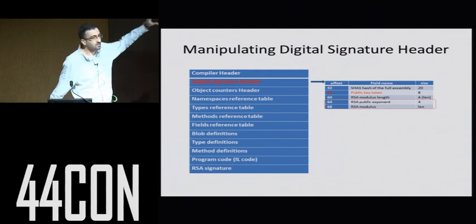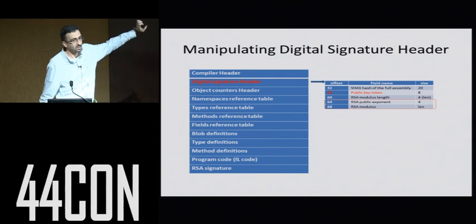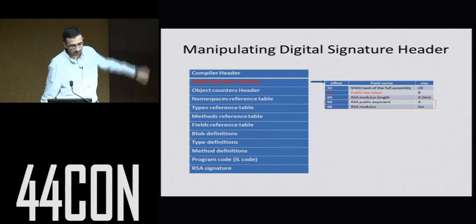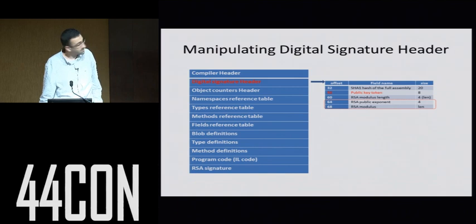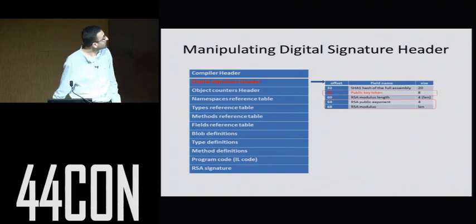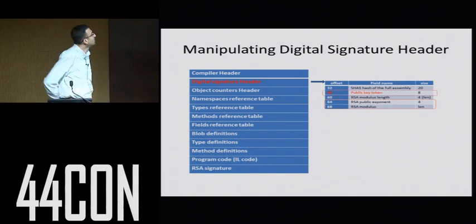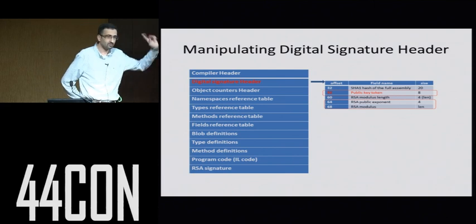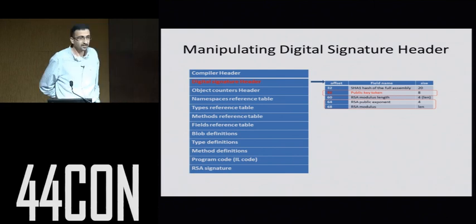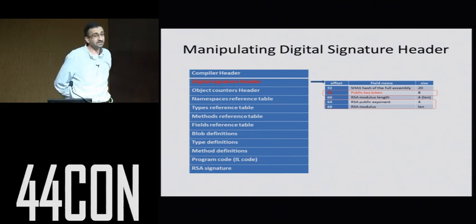So it defines the public key of the assembly. And there's another interesting thing. Here you can see that the public key token, which I mentioned earlier, is again embedded in this header.